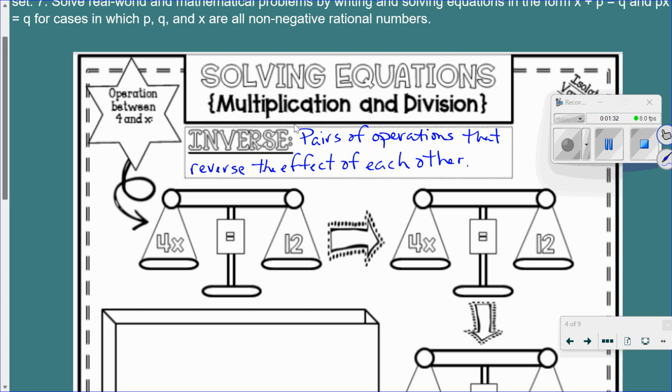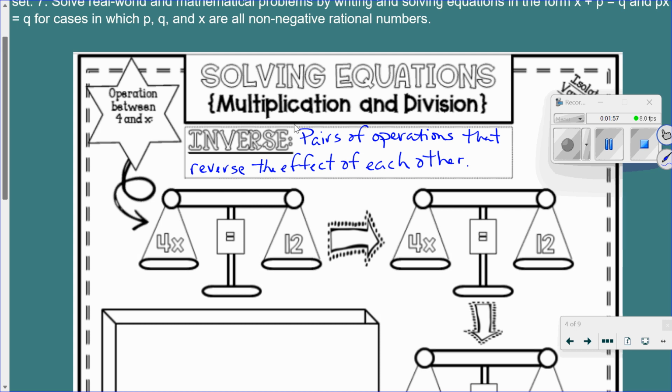Guys, this is the basis of everything that we are going to do. The reason we do the inverse operations is they undo themselves. Meaning, I can get my variable by itself on one side of the equation. Well, if I have my variable by itself on one side, whatever's left on the other side is what that variable equals. That's how we solve an equation, and we do it through inverse operations.